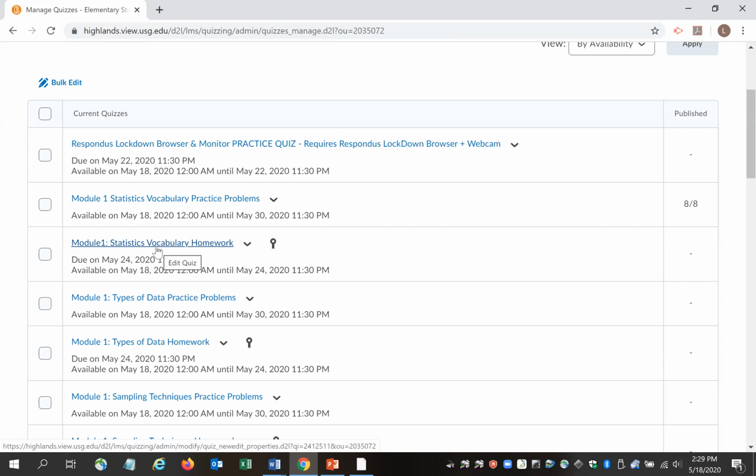The other thing I want you to try between now and Friday is, notice this very first option under the quizzes. It says practice quiz. This is a classroom activity. I'm going to have you do it outside of class, but you need to try to log in to this quiz using the Respondus Lockdown browser.